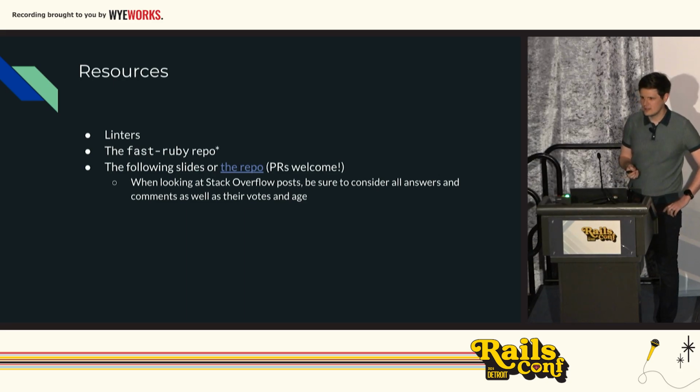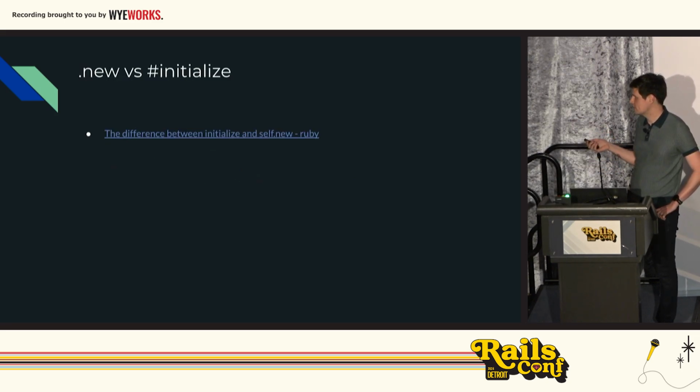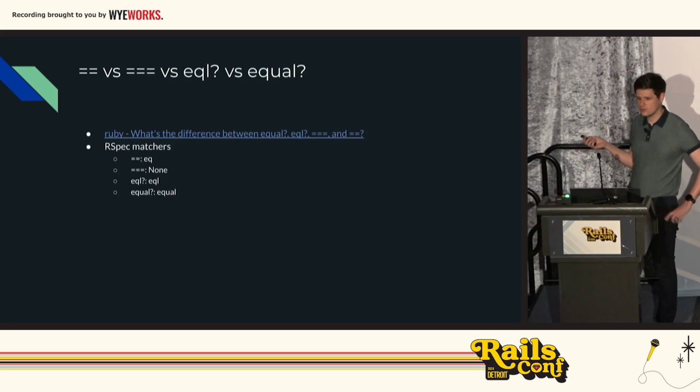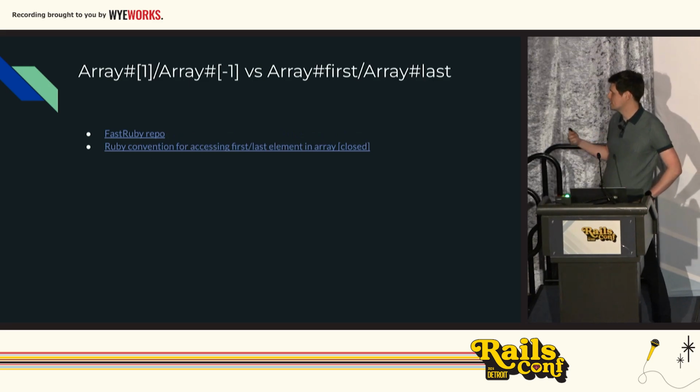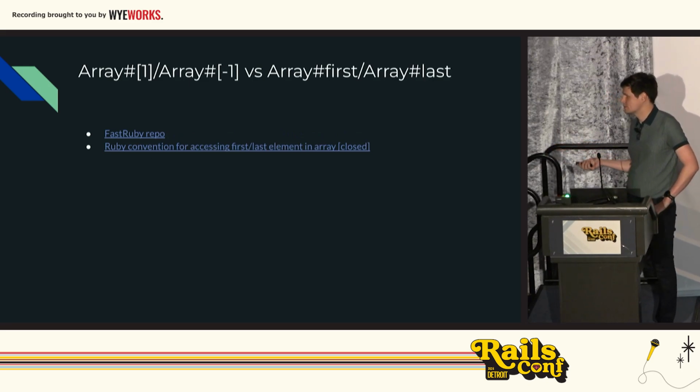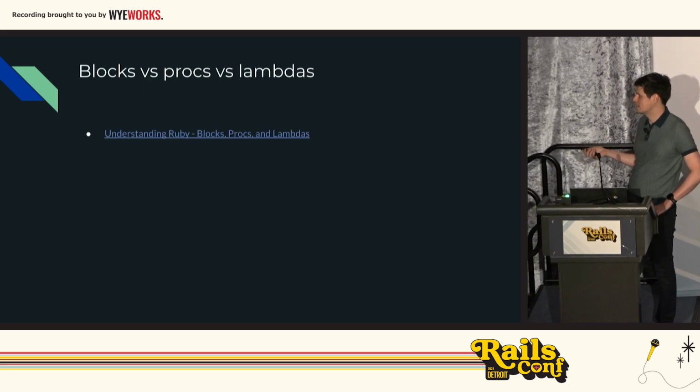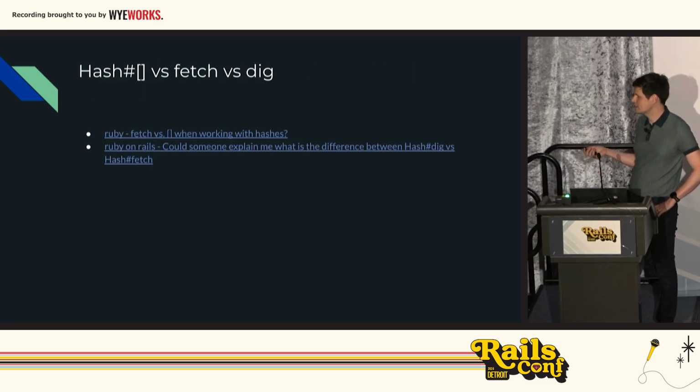And I mentioned at the beginning of the talk, with all of those 80 things, that I've got some resources for you all. So I made a repo, and I've got all these slides. On all these slides, there's one for every single one of those bullets that I breezed through at the beginning. If you want to share this with anyone new to Ruby, any mentees, there were some cases where I didn't find a single source that really felt like it covered it.